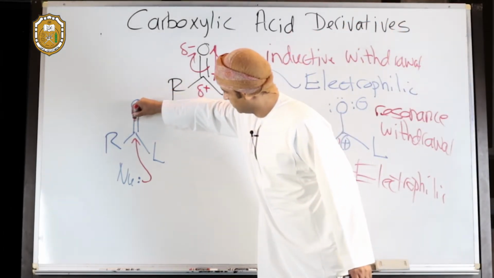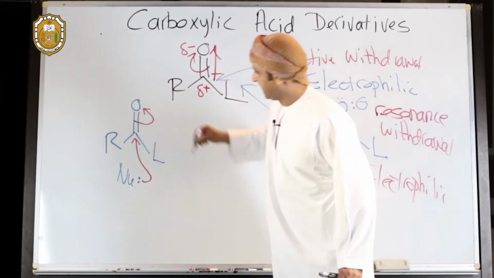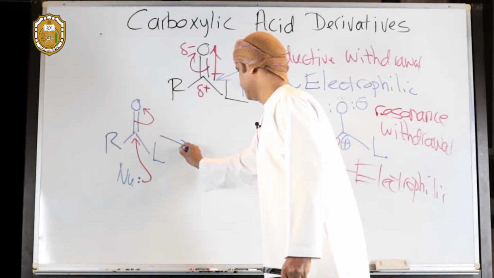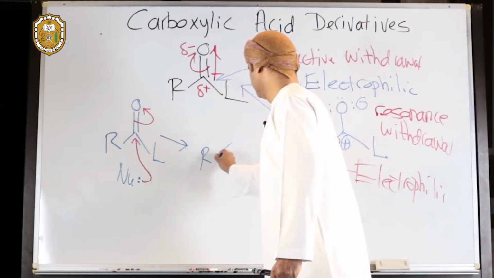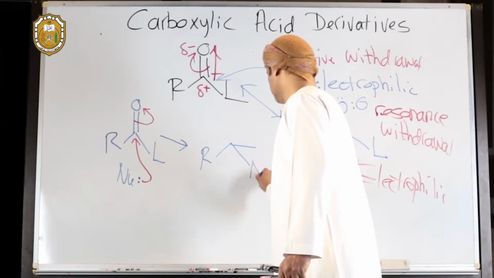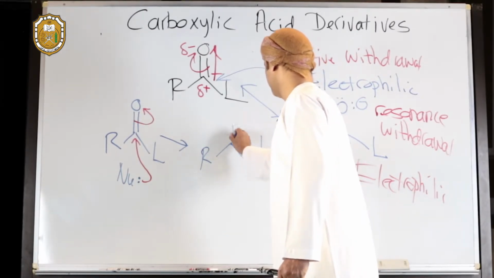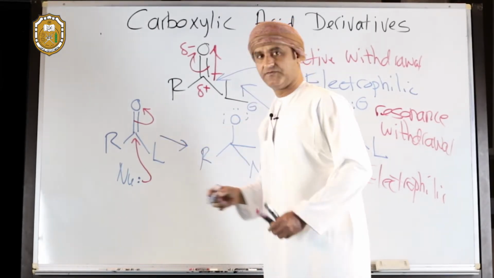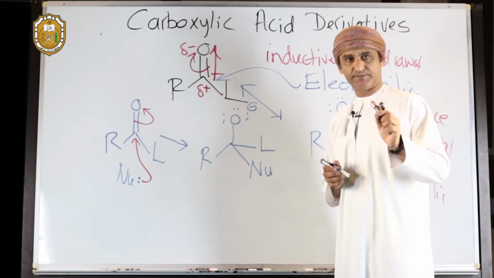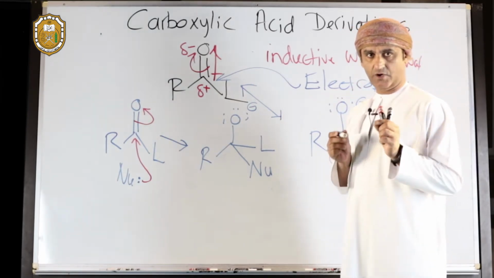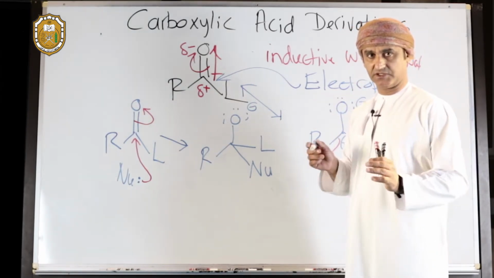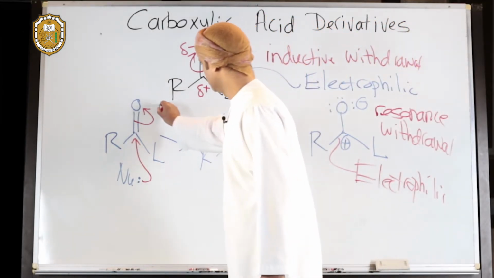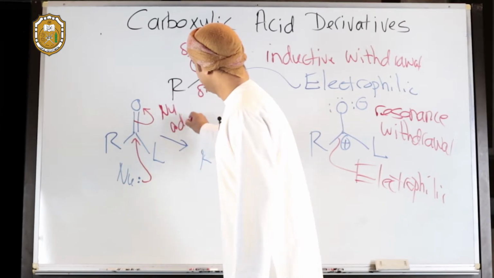The carbon-oxygen double bond is simultaneously broken. That's why the intermediate, as a result of this nucleophilic addition step, and it is a nucleophilic addition step because the nucleophile attacks an electrophilic carbon of a multiple bond, double or triple. That's nucleophilic addition so far.